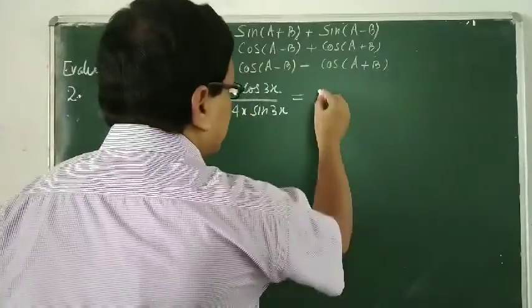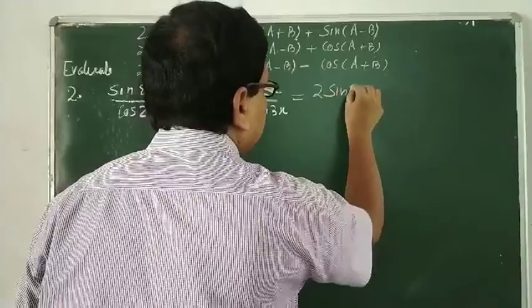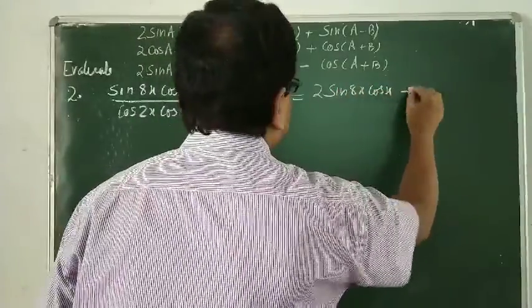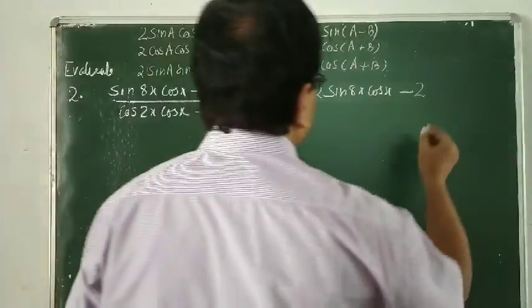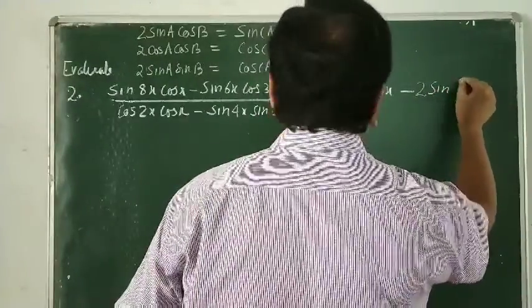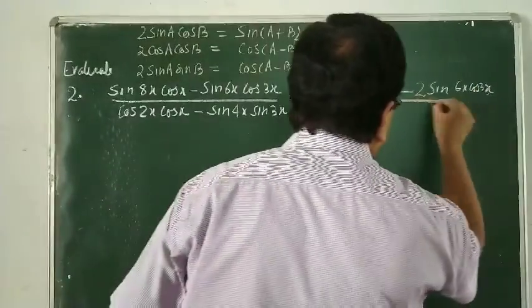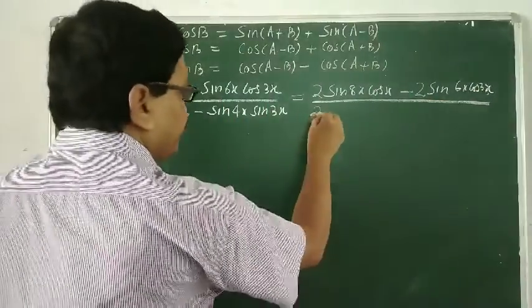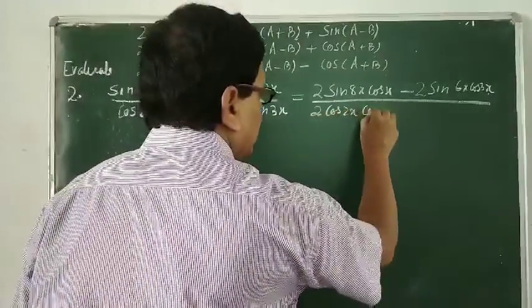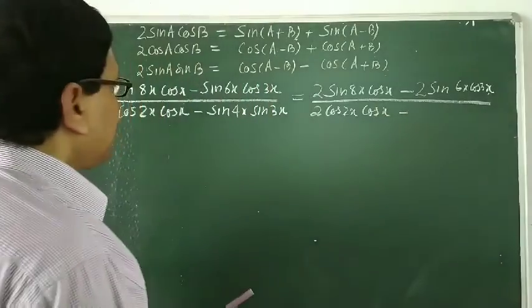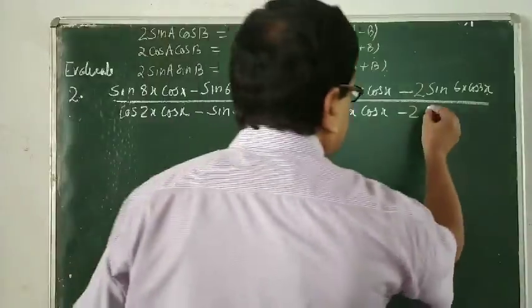Sin 8x cos x, minus once more write 2, sin 6x cos 3x, divided by again write 2, cos 2x cos x, minus again write 2, sin 4x sin 3x.